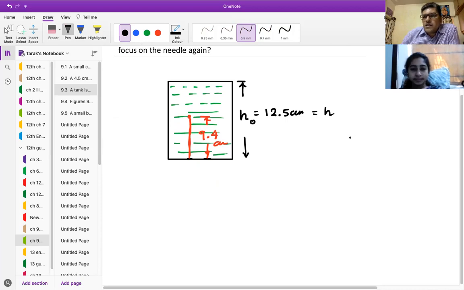Directly, we don't have such data where we can just put it into a ready expression. So what I am using is n equals c divided by v.